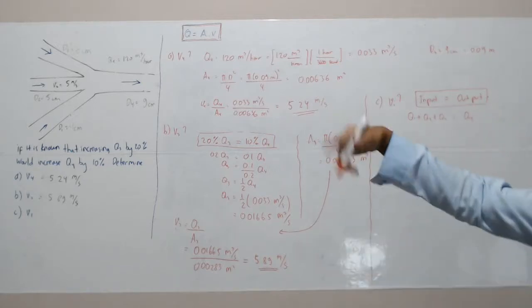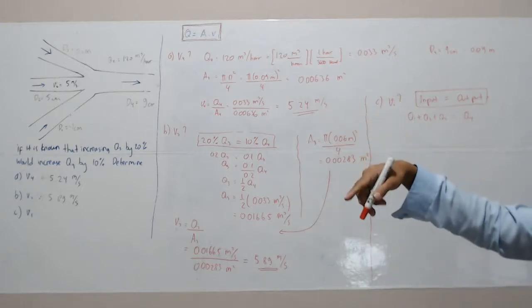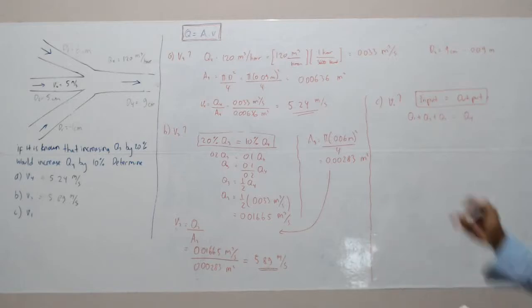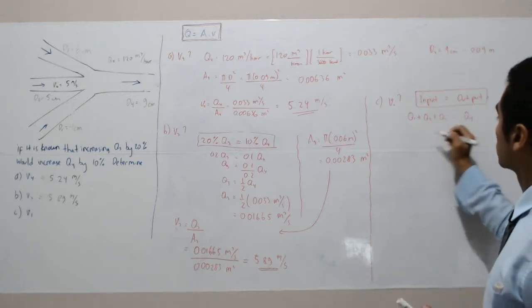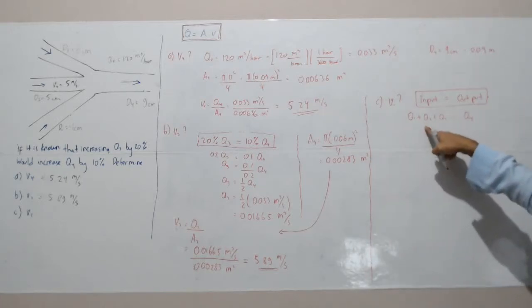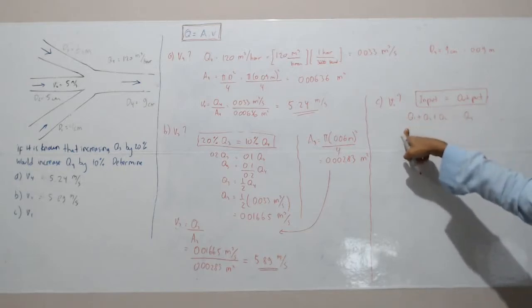But this is incompressible flow, and it's a steady flow with no friction. So we have to know the value of Q2, Q3, and Q4 before we can solve for Q1.